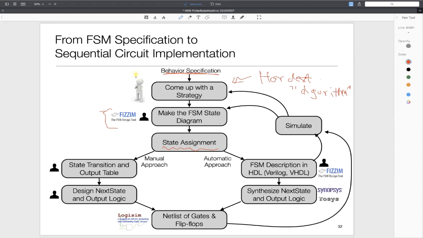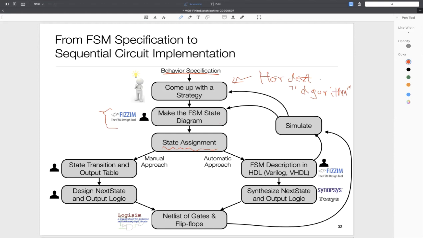Sometimes you may need more flip-flops, but your combinational logic becomes super simple. Or the other way around: my flip-flops are very expensive, so I'm going to keep the minimum number necessary, and take the hit on combinational logic.